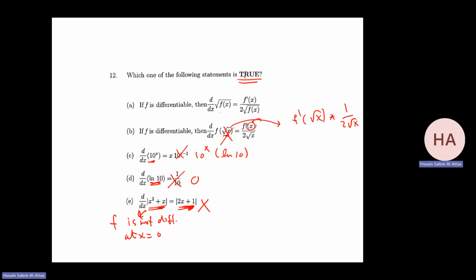So this is wrong. This one, I have f of x to the power half. I want to differentiate it. That will be half f of x to the power minus half, times the derivative of this. That will be f prime over 2 square root f of x, which is this one. So this is correct. Verify the differential.